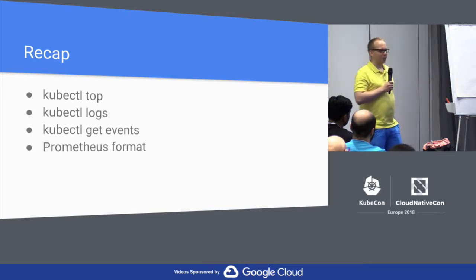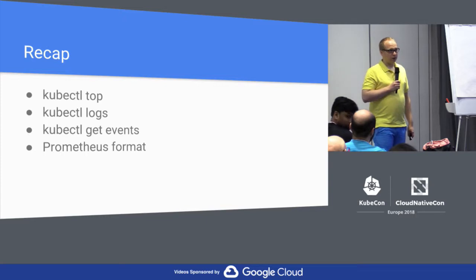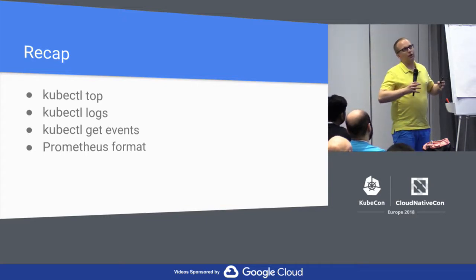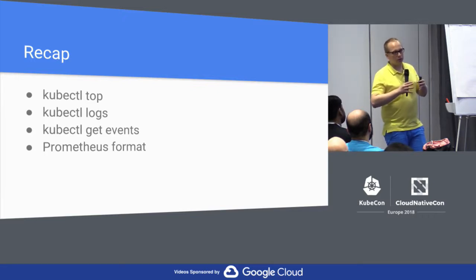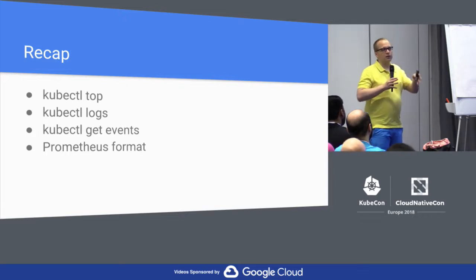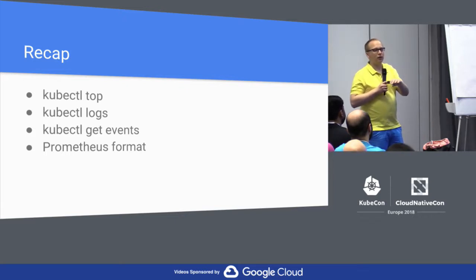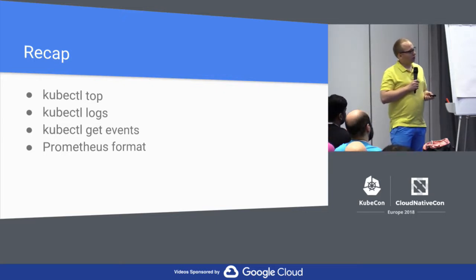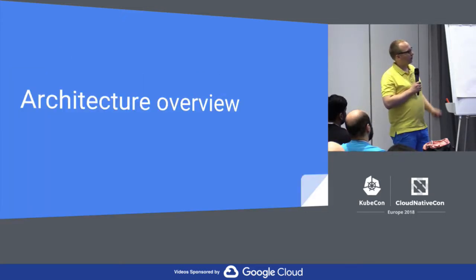I forgot. The OpenMetrics effort. It seems many monitoring providers and companies will agree at some point that this is a standard, and the Prometheus format is the base for it. So this is what we did during the last meeting.